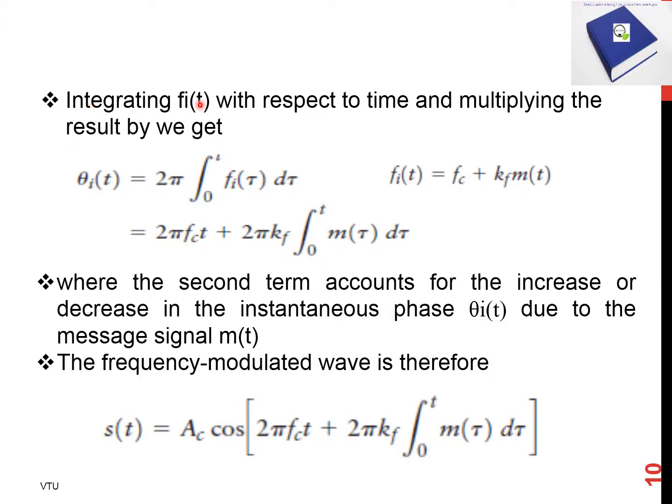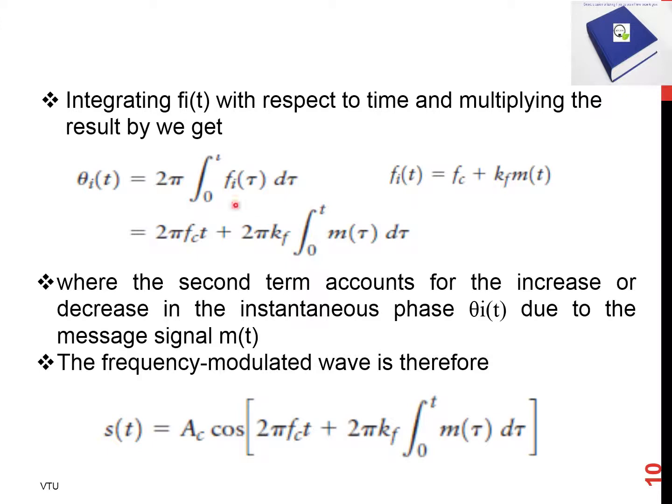Now integrating fi of t with respect to time and multiplying the result by 2 pi, we will get theta i of t equal to 2 pi integral 0 to t fi of tau d tau. We know that fi of t equal to fc plus kf m of t, and substituting this fi of t here, I can rewrite as 2 pi fct plus integral 0 to t 2 pi kf.